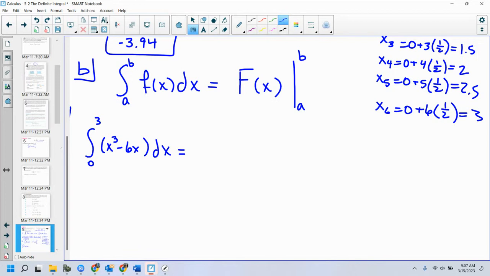Okay, so that means that's equivalent to, well, what is the antiderivative? It's x to the fourth over 4 minus 6x squared over 2 from 0 to 3.